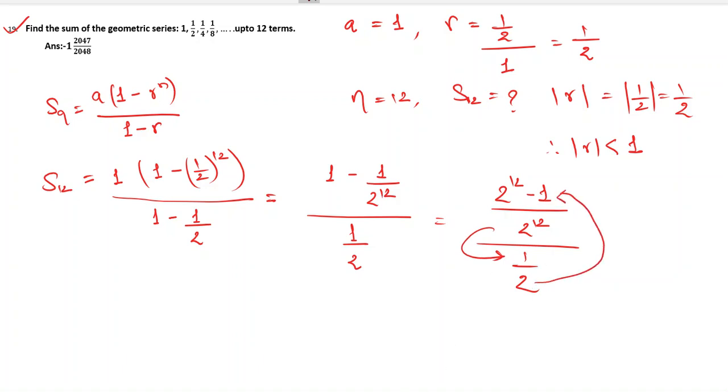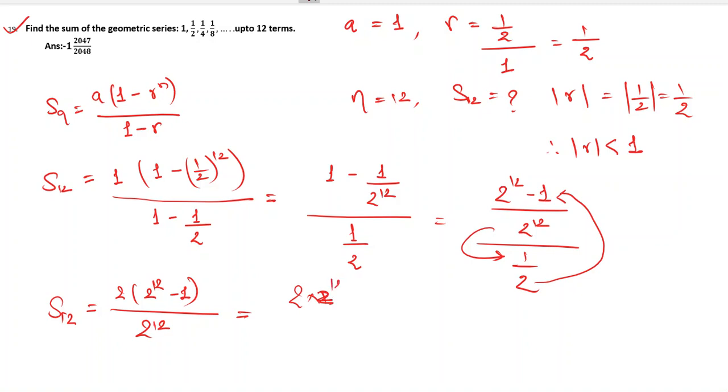There will be many multiple fractions you will be coming across. Please be careful in finding the sum of n terms. So 2 bracket 2 raised to 12 minus 1, the whole upon 2 raised to 12. Okay, let's multiply 2 into 2 raised to 12.